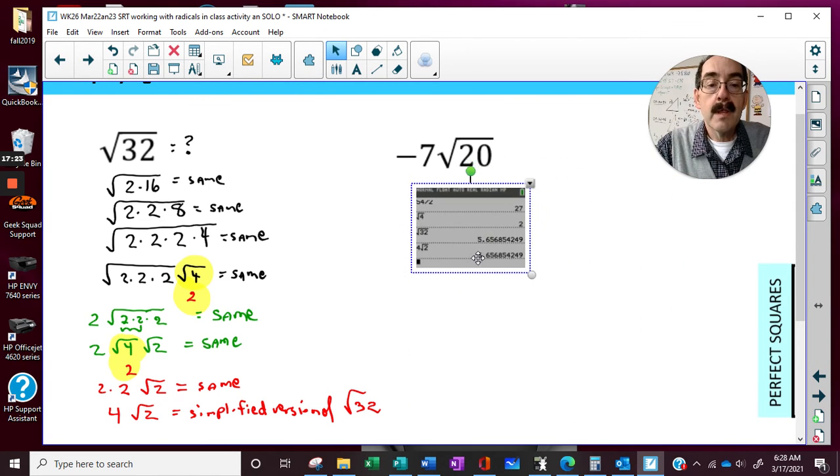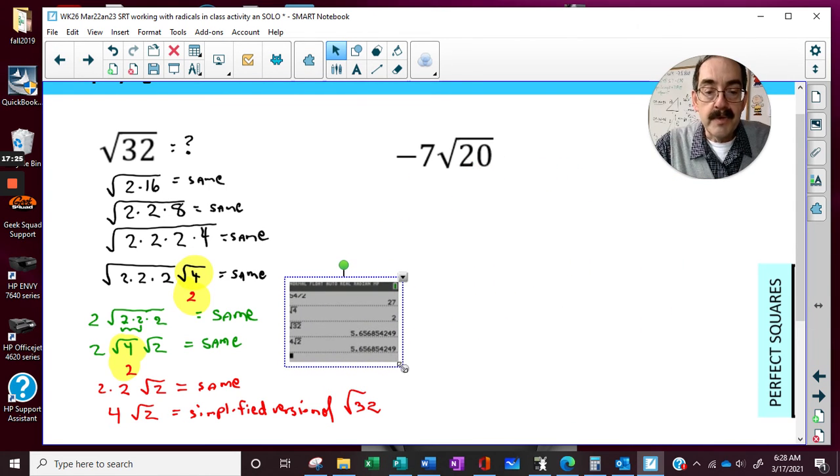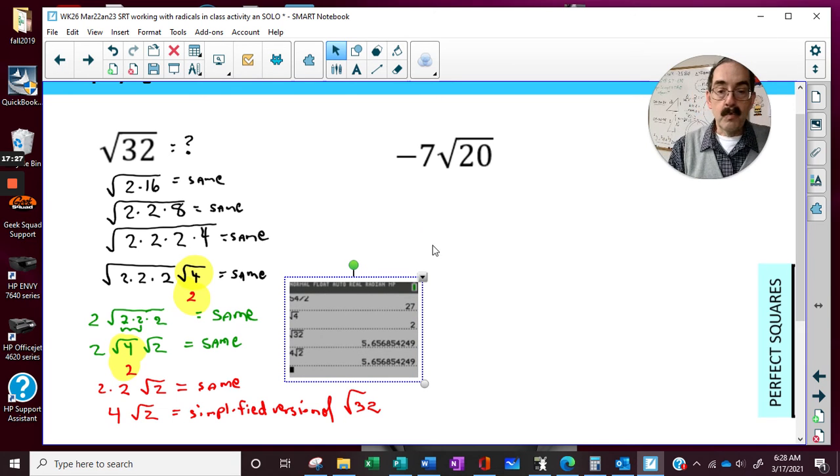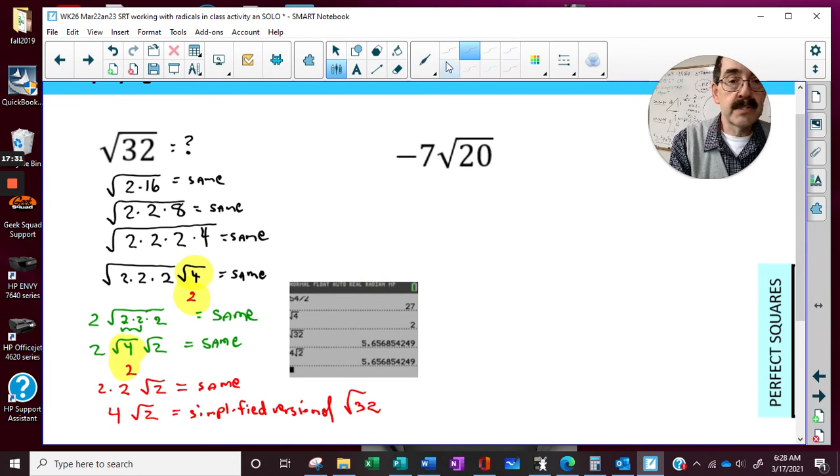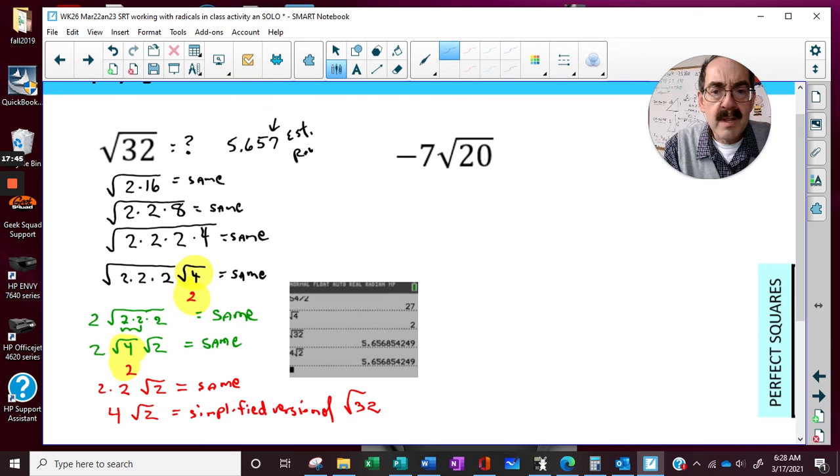Now, the reason we're doing this is that in math, with engineers, the building's not going to stand up if they measure and use the number 5.65 and we're going to round. We're going to estimate. The building is not going to stand up.